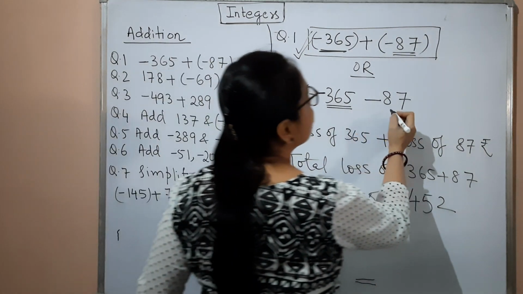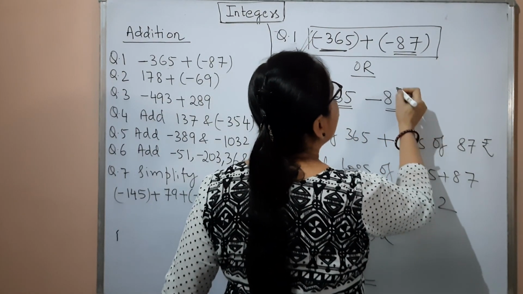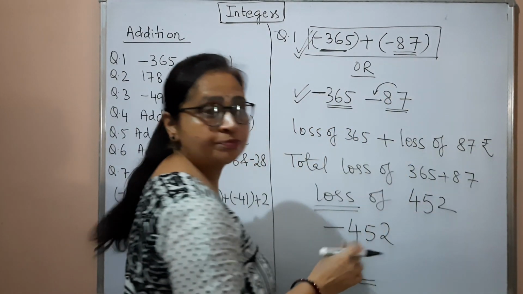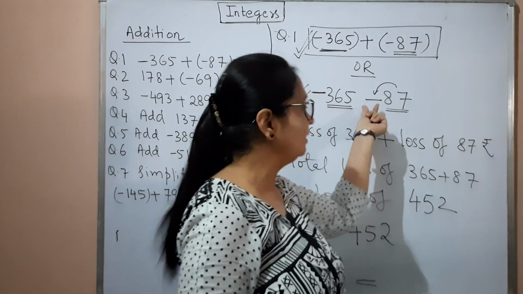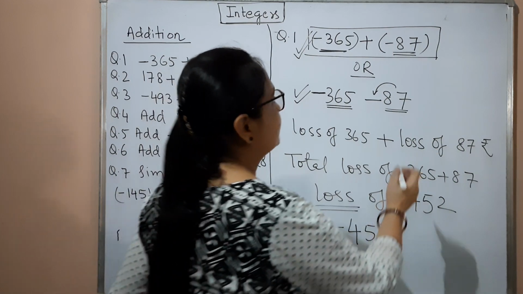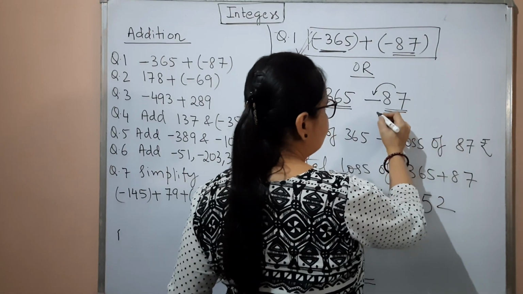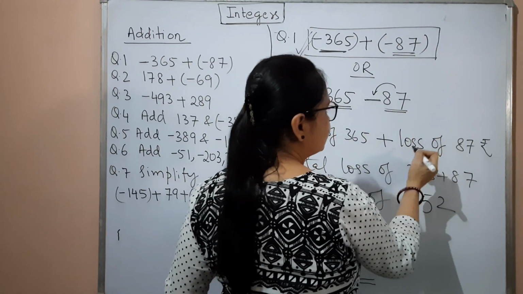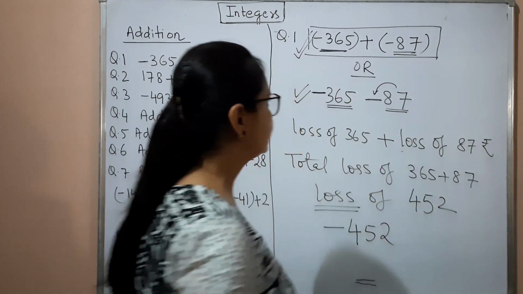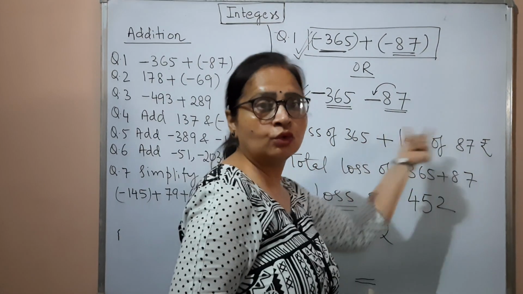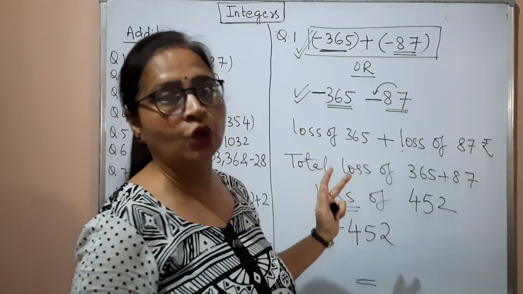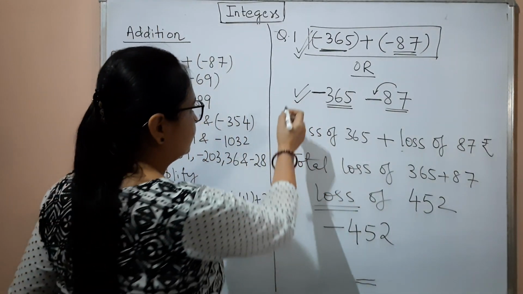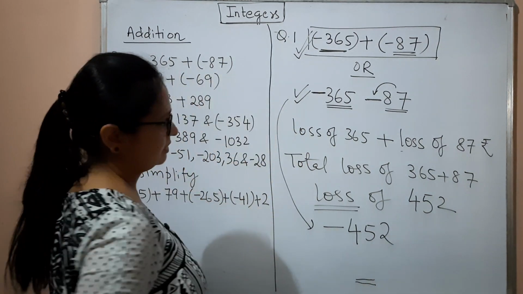Then again, if you see 87, again we have to check the sign which is just before the number, and we find again it is a negative sign, which means again it is a loss. Alright, so here also we find it is a loss of 87 rupees, and both are losses, so overall it will be a loss. Alright, overall the answer is going to be this.